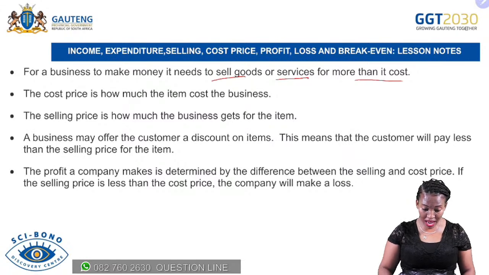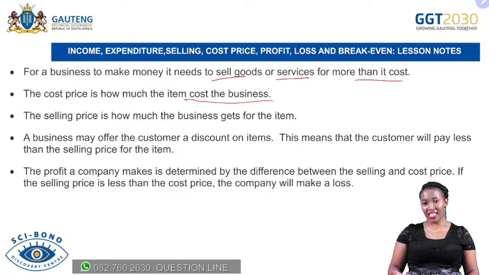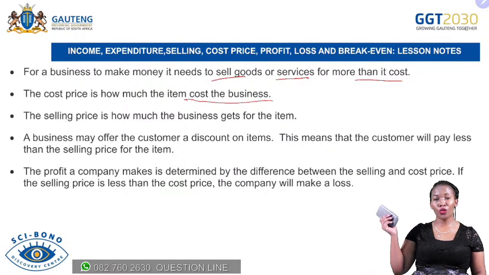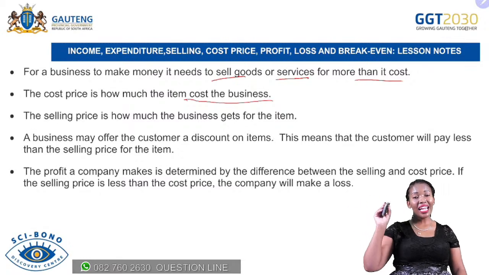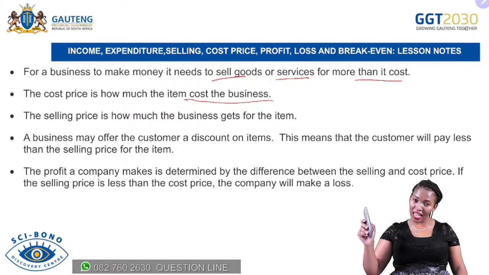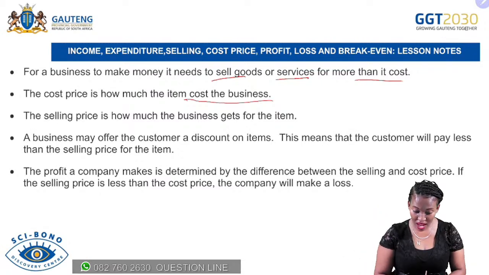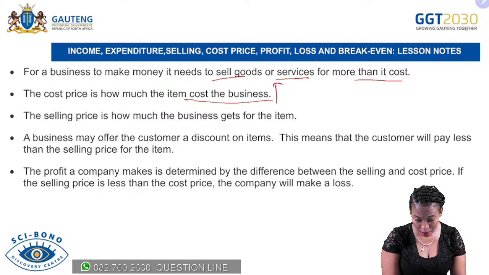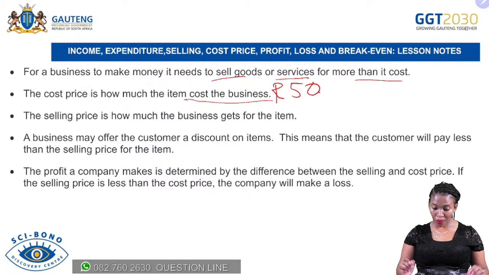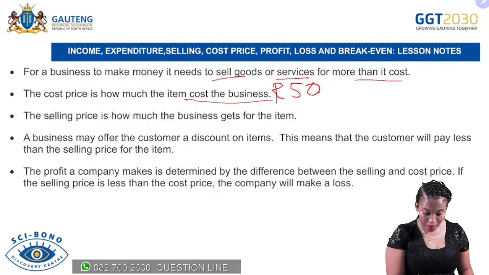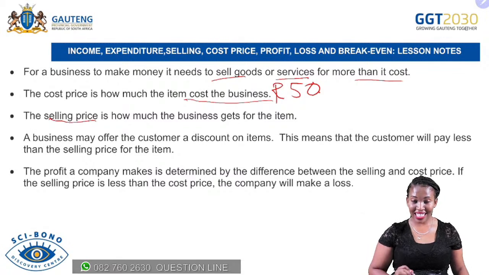And then the cost price is how much the item costs the business. Like I said, where I buy these calculators from the manufacturers and I'm paying 50 rand a calculator, that 50 rand is my cost price. Let me write it down here. The 50 rand for my calculator, this 50 rands, it's my cost price. And then the selling price is how much the business gets for the item.